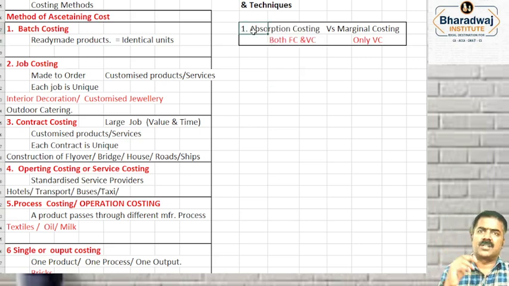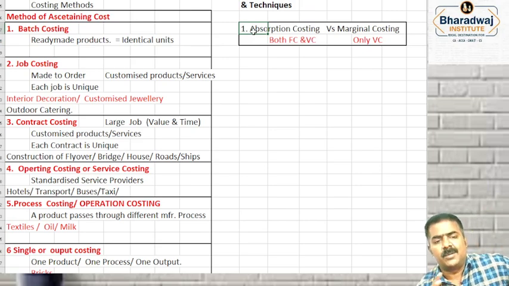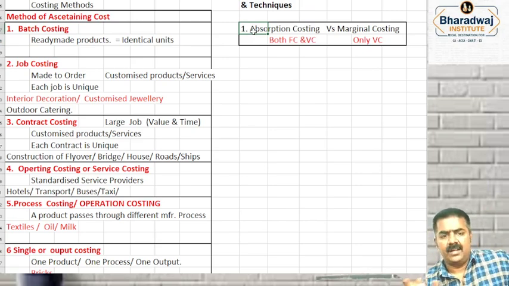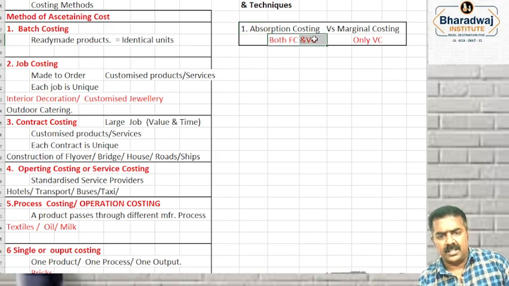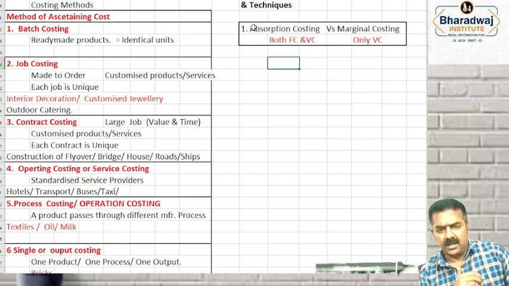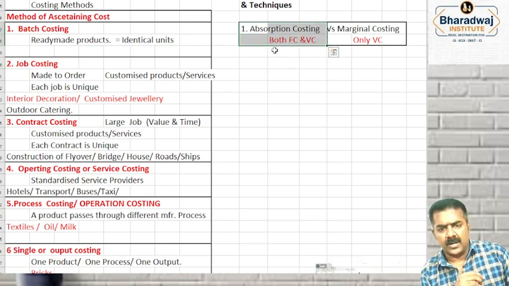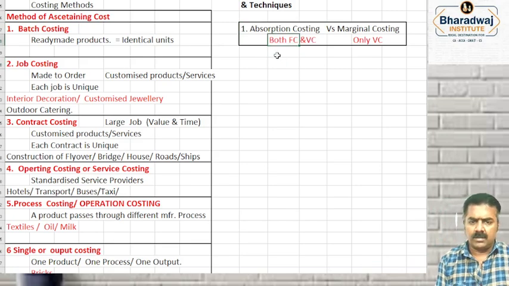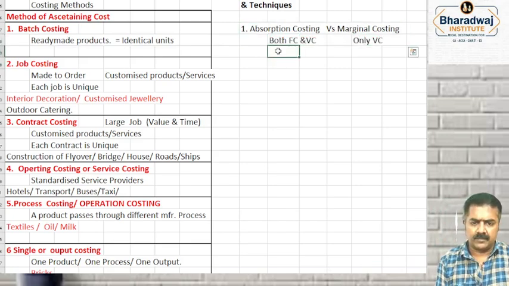So in the exam, they will ask: the technique that includes only variable cost is A, direct costing, B, marginal costing, C, absorption costing. Clear? The technique that includes both fixed and variable is which one? Absorption costing. Simple. Both are included in inventory.